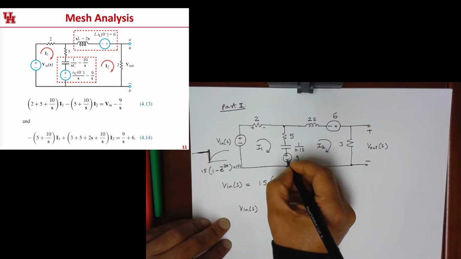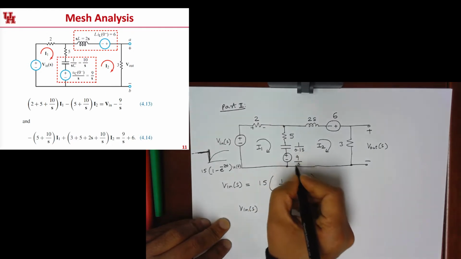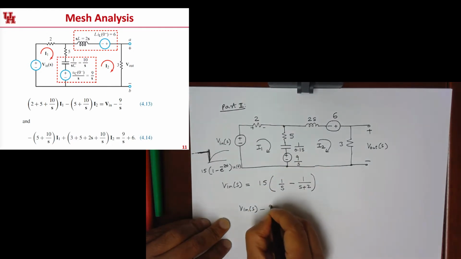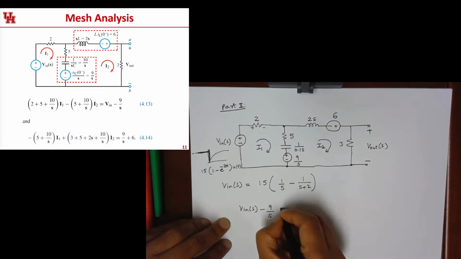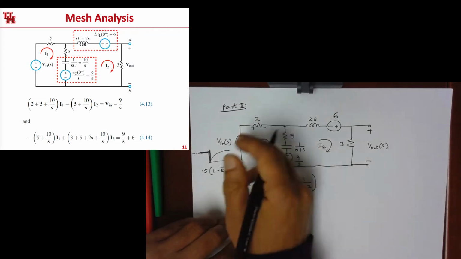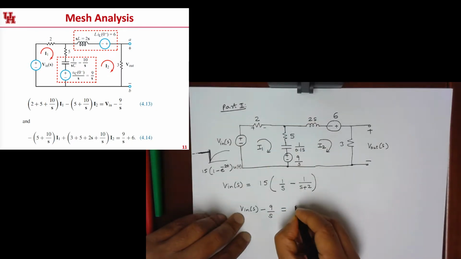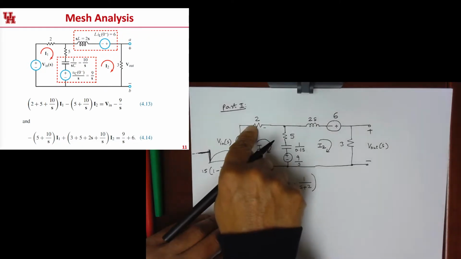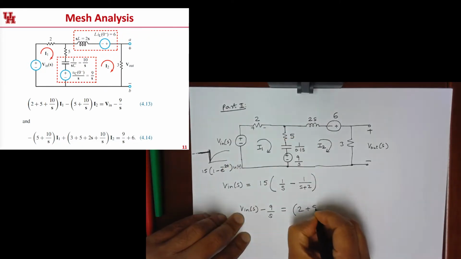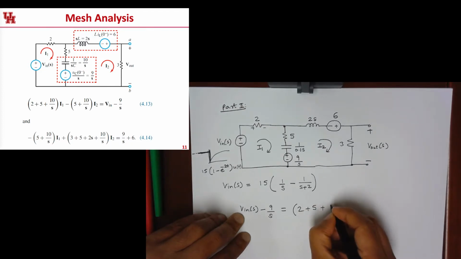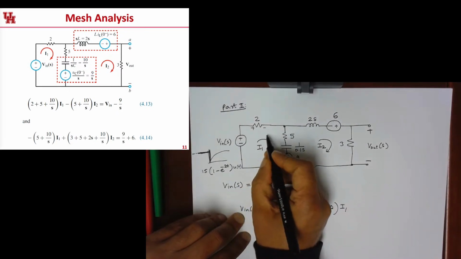And then I'm going to subtract 9 over S. And this voltage corresponds to the current I1 times, so let me write down first the sum of all the impedances. So I got 2 ohms here, and I got 5 ohms here, plus 1 over 0.1 S, which is the same as 10 over S, times I1. So that's all the currents flowing in this direction.